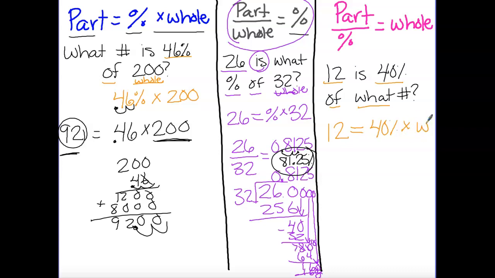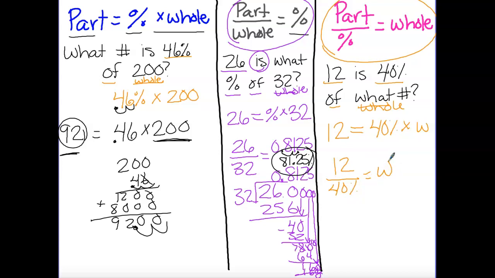And since it comes after of, we don't know our whole. That's using the percent equation. We're going to make it look like our percent equation up above. So we have our 12 divided by our percent, which is 40%, will give us our whole.